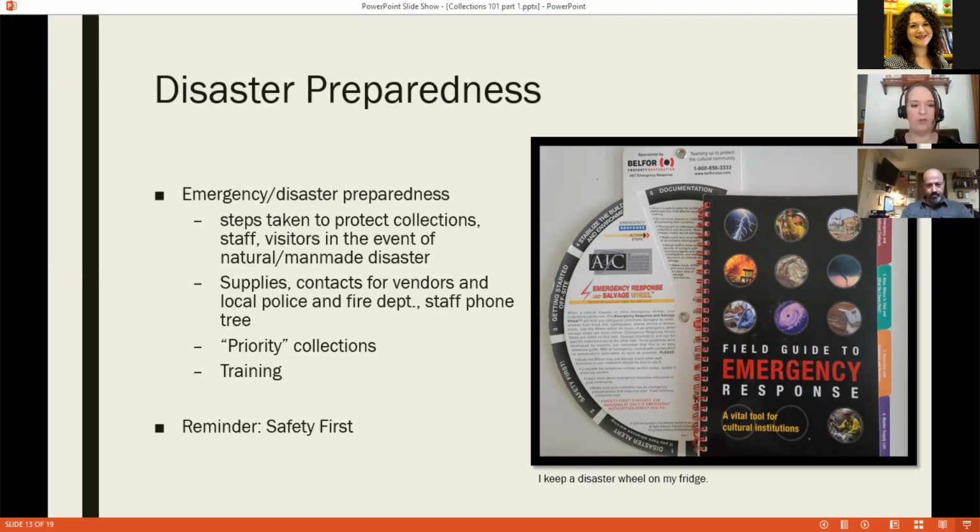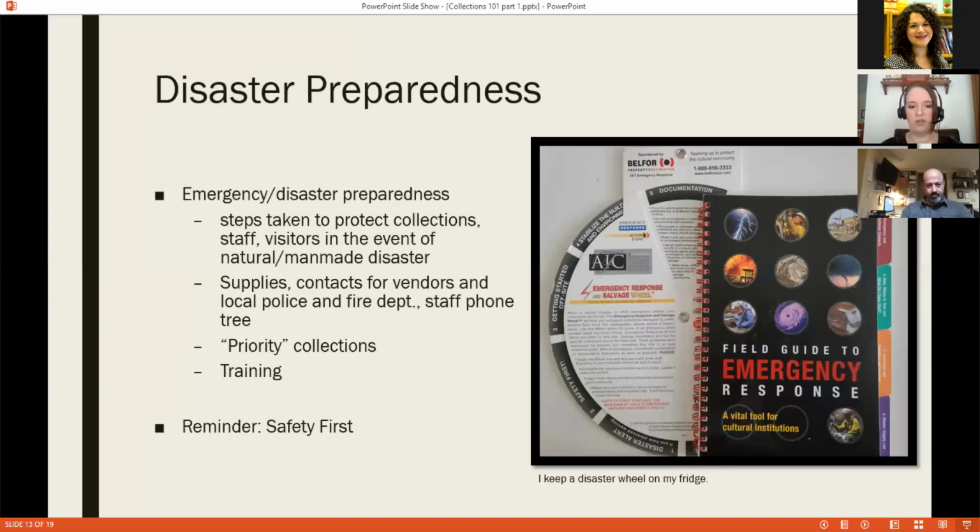So, things to consider for this: do you have a list of vendors and people that you can contact in case there is a disaster? Do you have the phone numbers for the local police and fire department? Are you on good terms with them? Do they know your institution and where you're located? Would you be able to call them should there be an emergency at your buildings?